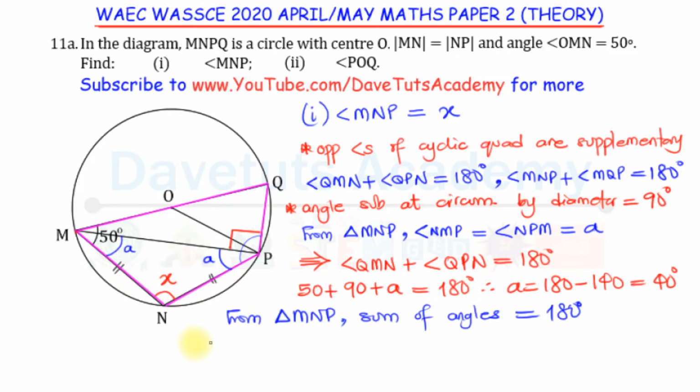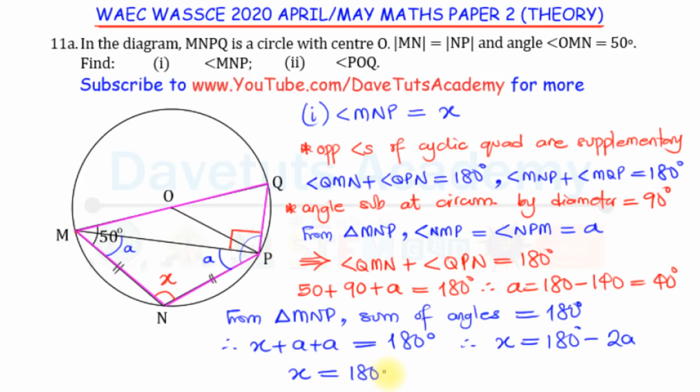And summing the angles, I can say that x plus A plus A, you can see x, A, and A, they are the angles of the triangle MNP. The three of them is 180 degrees. And in that case, x will be 180 degrees minus 2A, because A plus A is 2A. And that is going to give me my solution that x is equal to 180 degrees minus the value of A that we got. It was what?